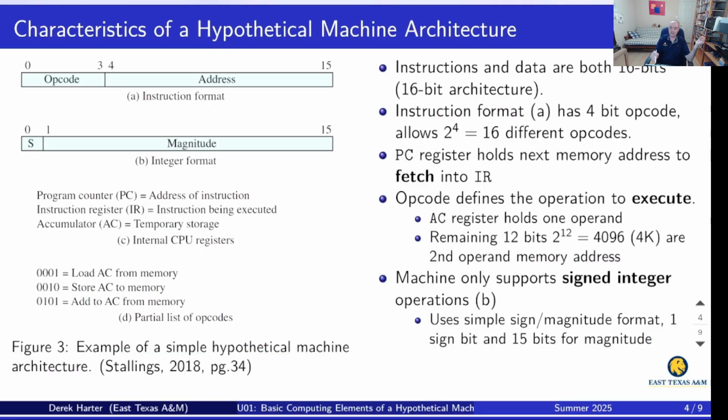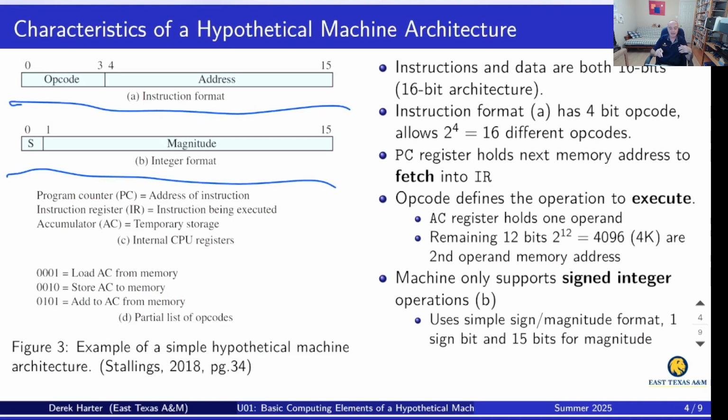Technically this is a 16-bit architecture because all of the instructions and all of the data are going to be held in 16 bits. Each word of memory is 16 bits long in this architecture. Like I said, modern computers have standardized on using 8 bits for every address in memory, but modern computers are actually 32-bit or 64-bit architectures.